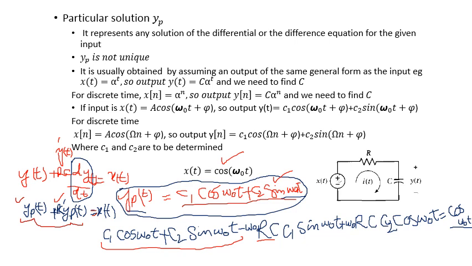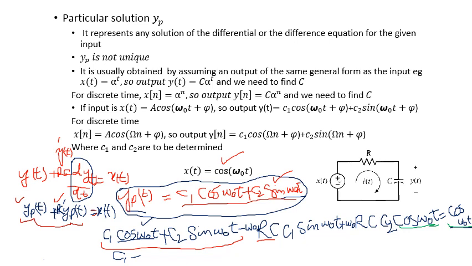Now we equate the coefficients. Equating the coefficients of cos omega naught t, we have three terms.